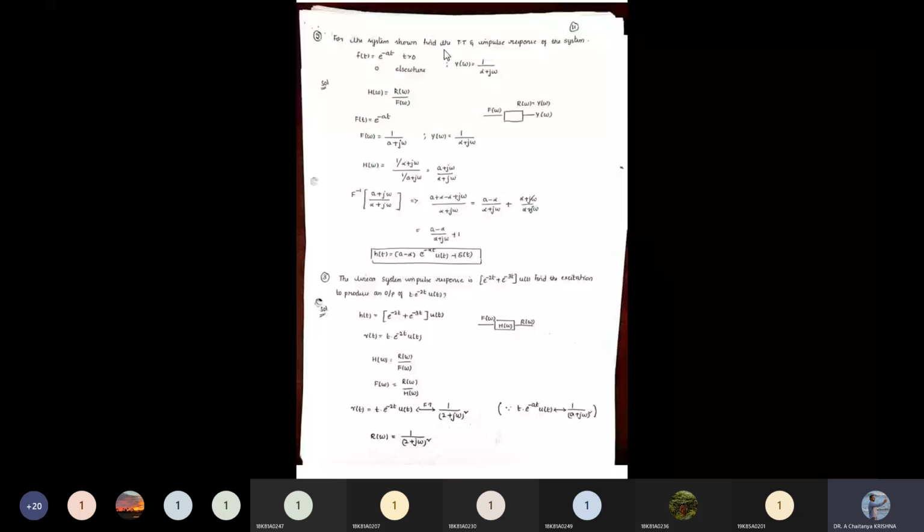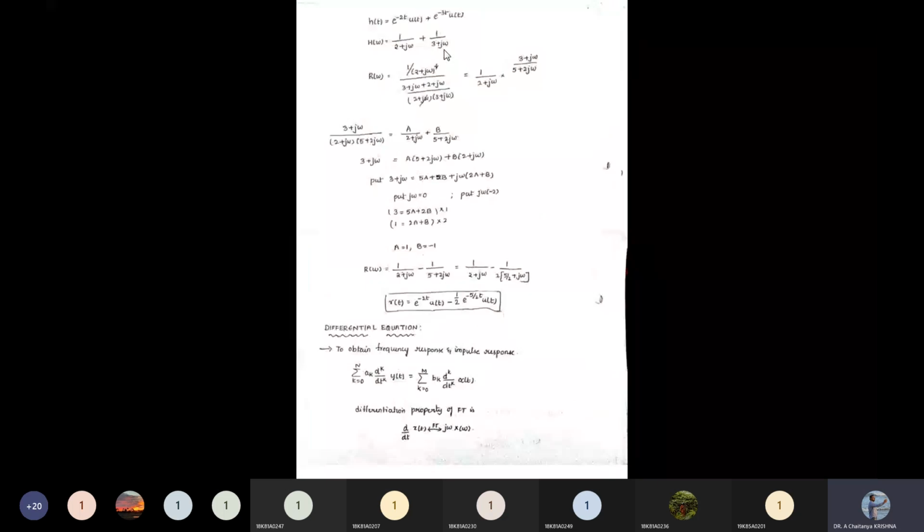Don't get confused, this is f of omega. Here we should find f of t only, not r of t. That's why f of omega equals r of omega by h of omega.